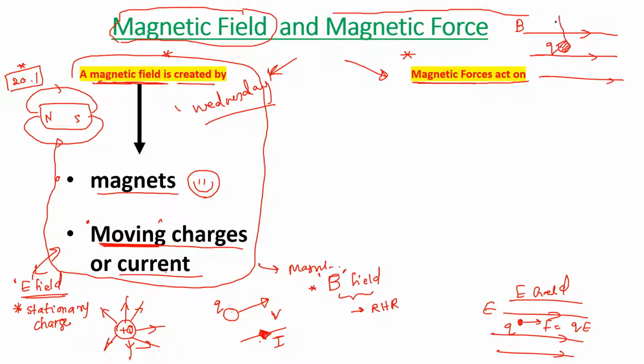You need a moving charge. If your charge is moving, then it will feel a force. So what else? Is it only a moving charge that will feel the force? Are there any other things?